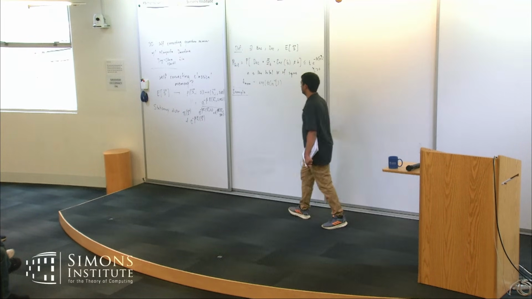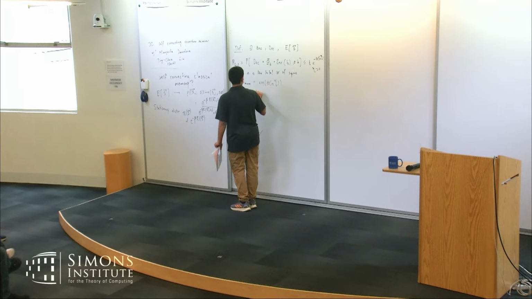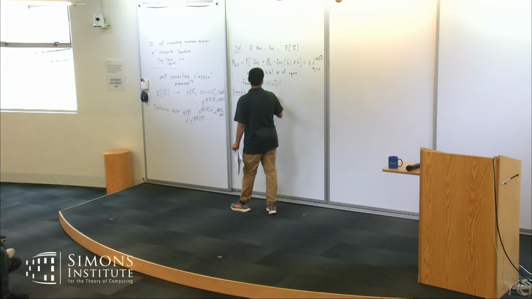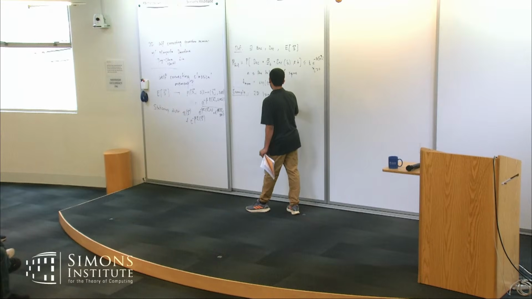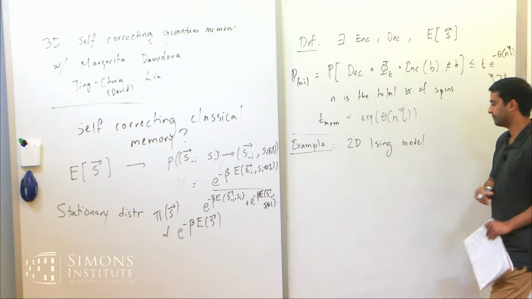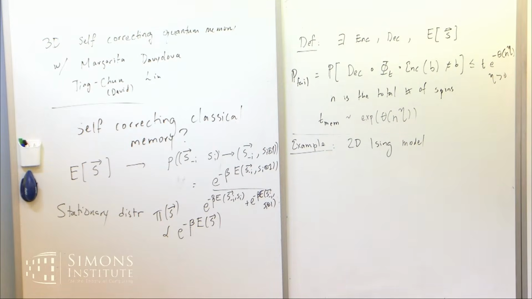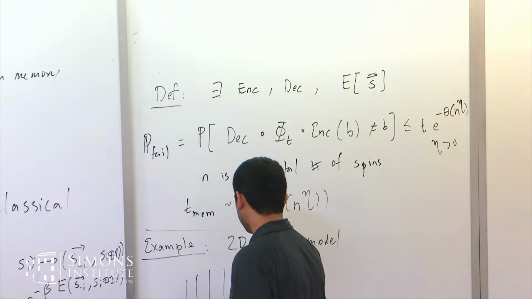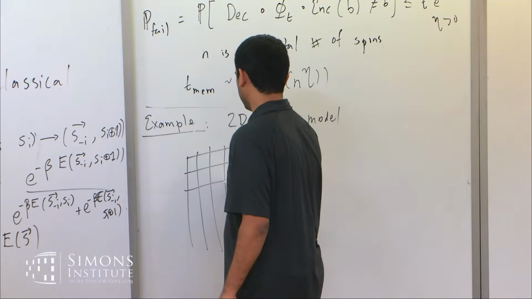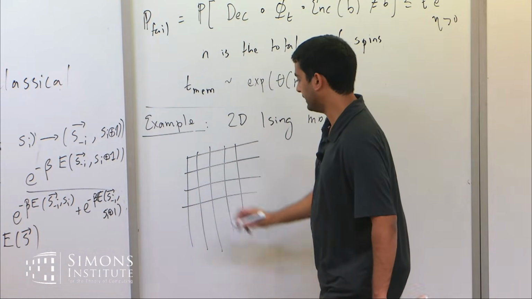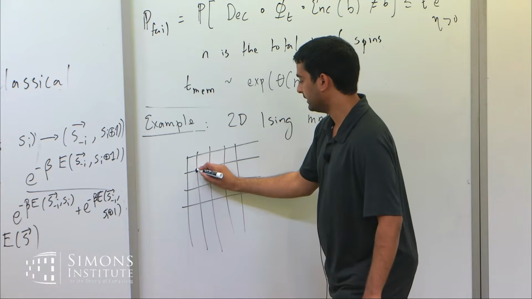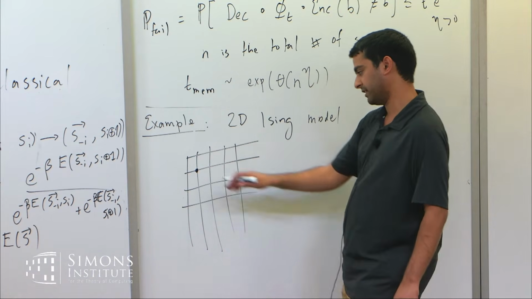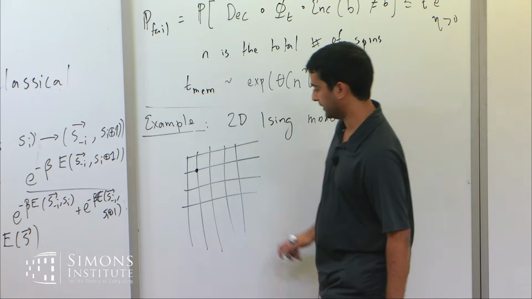Okay. So the example is a very familiar model, the two-dimensional Ising model. It's a model of spins, which I will unfortunately write as bits on a two-dimensional lattice. Spins are normally -1, 1 valued. I will write them as 0, 1 valued.